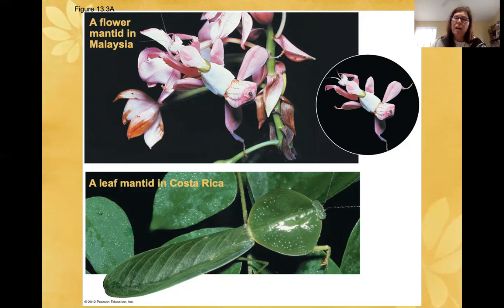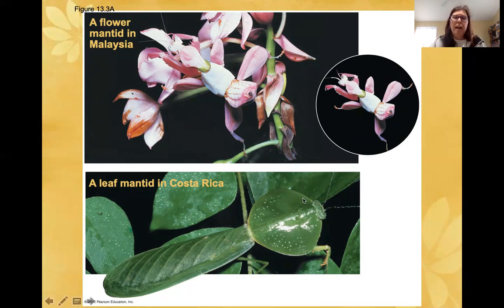If you were an insect that resembled that flowering plant, you wouldn't be picked off by predators. And so you'd be able to successfully reproduce and pass on traits, and your offspring would resemble you. If not, they would get eaten. And then maybe some of your offspring resembled you, and they would be successful and pass on those traits. And so eventually we would get more and more praying mantises that look like this flower.